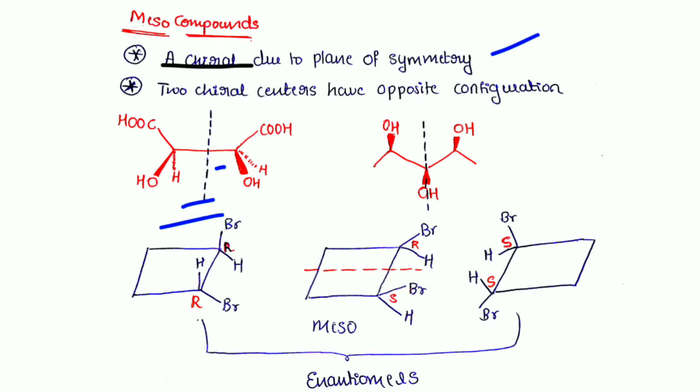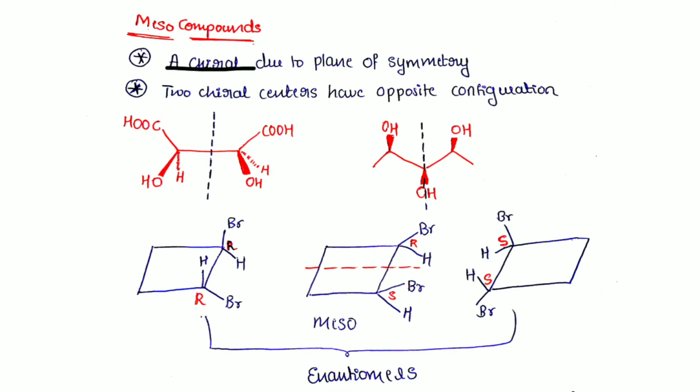Because this rotates plane polarized light in this direction and this rotates in the opposite direction, the total effect is 0. The two chiral centers have opposite configurations, so the meso compound is achiral.